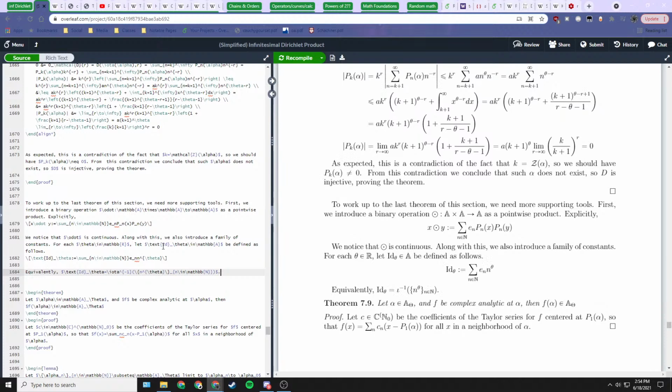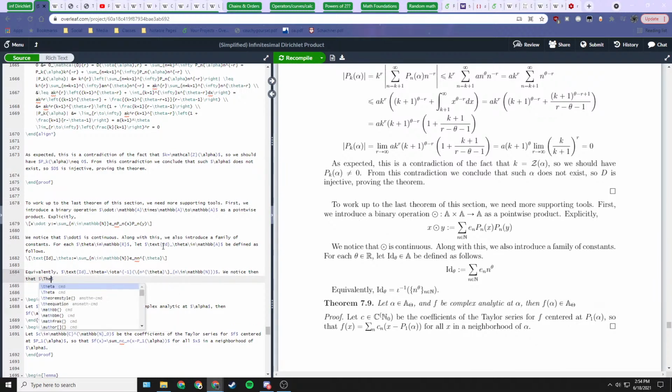So it's just a sequence of the powers n to the power theta. We notice then that capital theta of iota of id theta is theta.